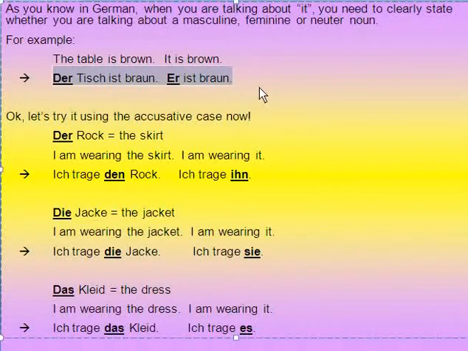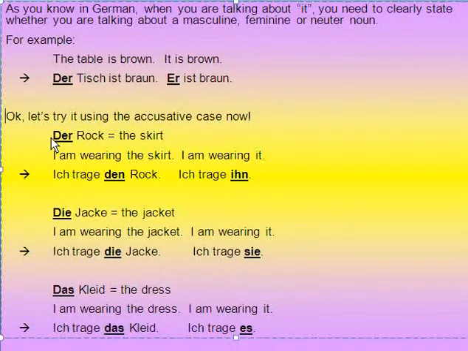That's the correct German way of saying it. So that gets a bit tricky when you are using the accusative case, because obviously der changes to den in the accusative case. Okay, so below are some examples of using the accusative case with pronouns.